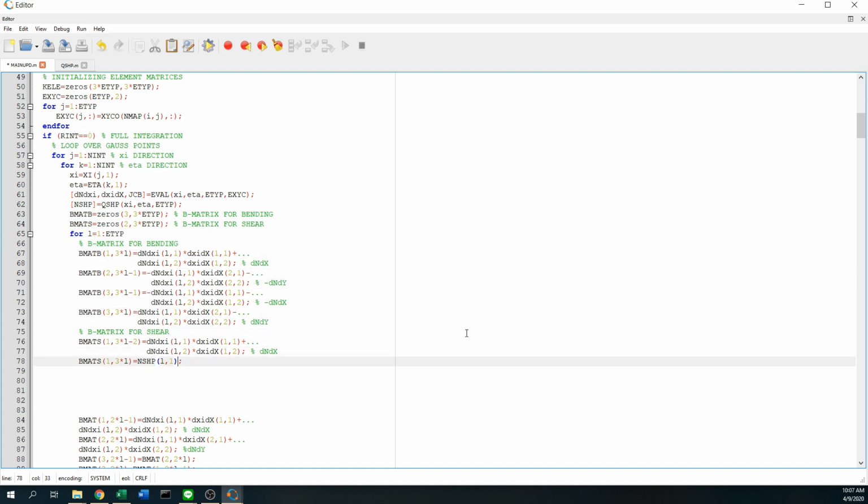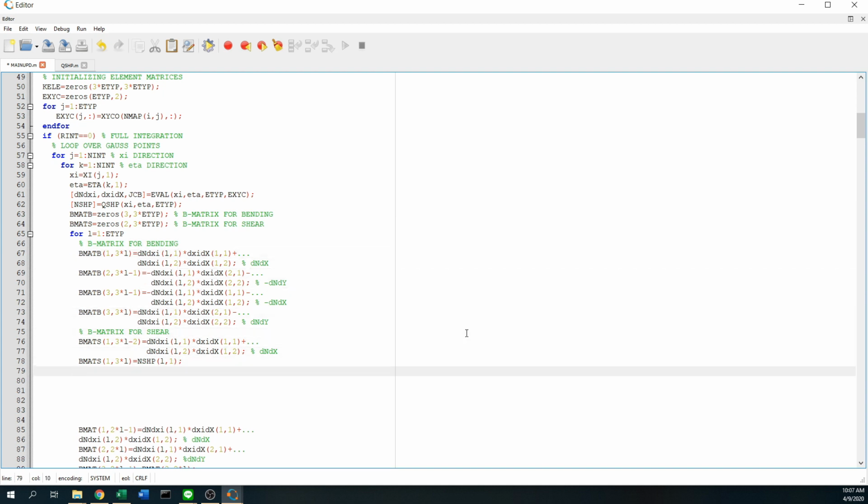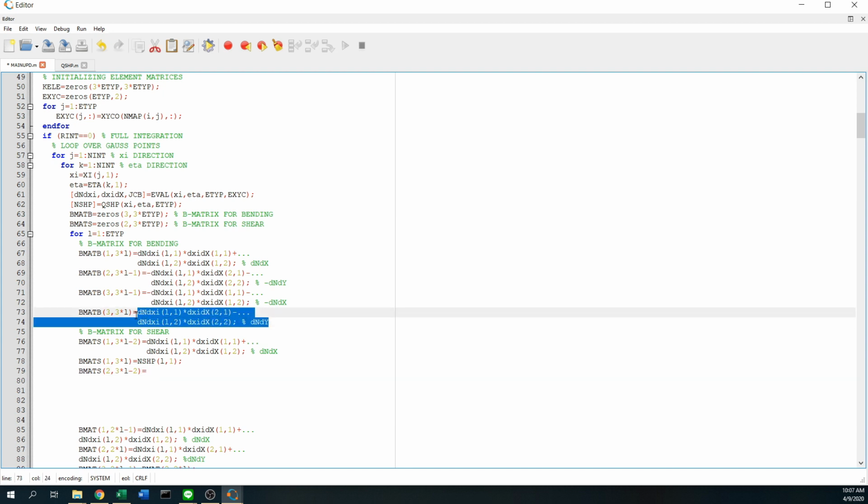Okay, and the next row, B matrix at row number 2, column number 3 times L minus 2 is equal to the partial derivative of the shape function with respect to y. So we need the dN/dy.